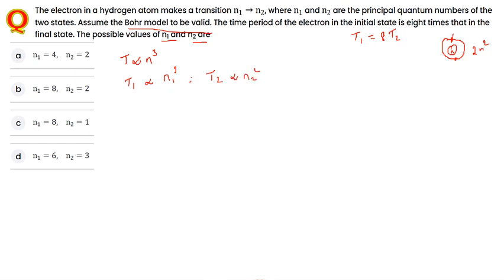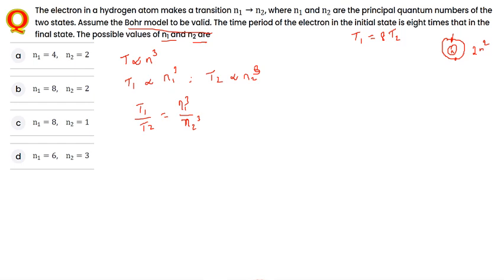T1 divided by T2 will be equal to n1 cube divided by n2 cube.